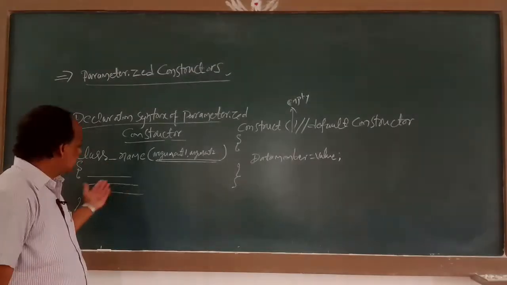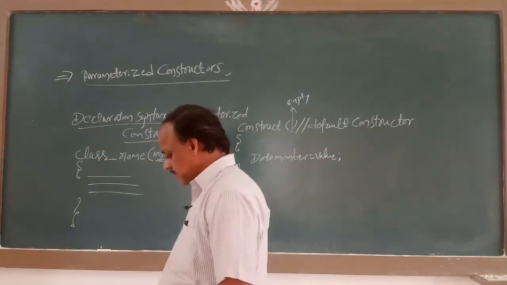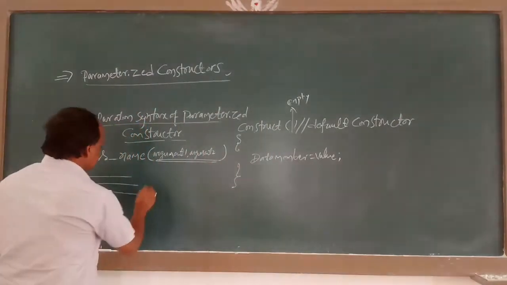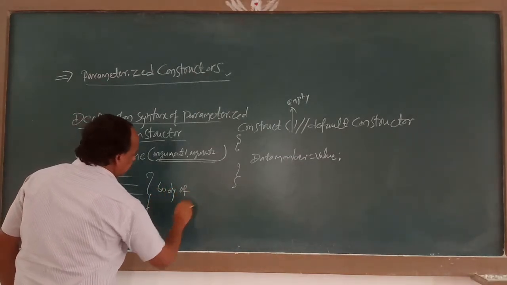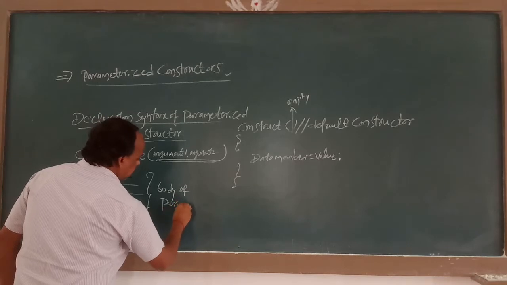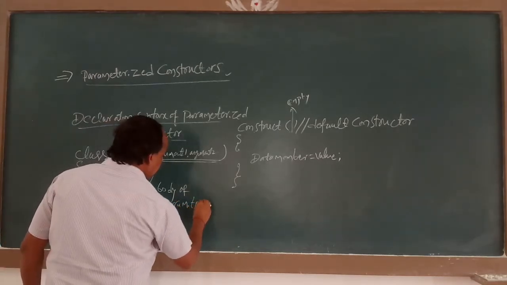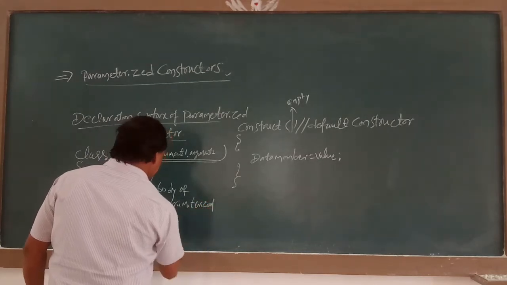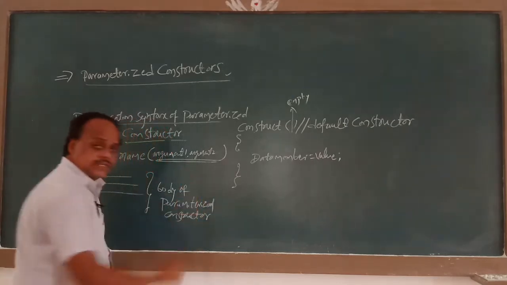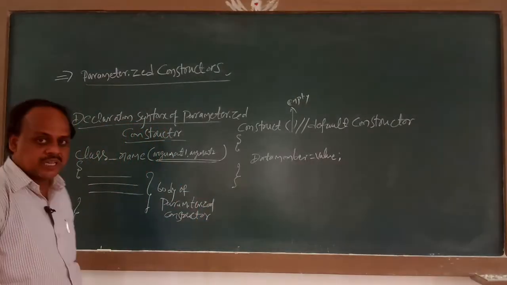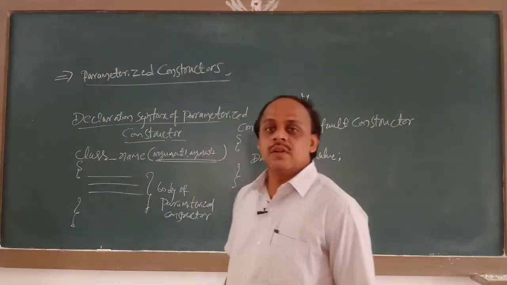Here we can write related statements or declarations, whatever it may be. The dotted line indicates the body of the parameterized constructor. This may include some cout statement or some variable declaration or initialization, anything.